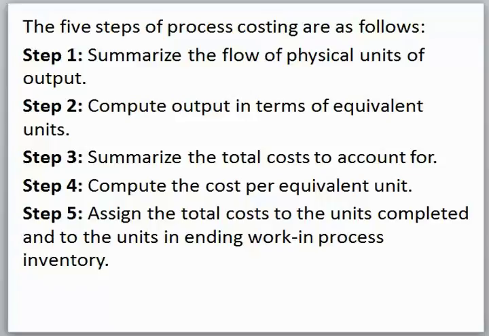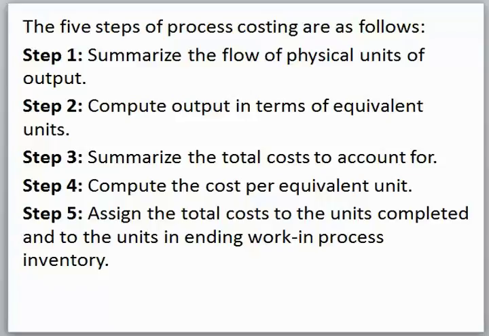Here are the 5 steps of process costing. Step number 1, we summarize the flow of physical units of output. Step number 2, we compute the output in terms of equivalent units. We calculate the equivalent units. Step number 3, summarize the total costs to account for.